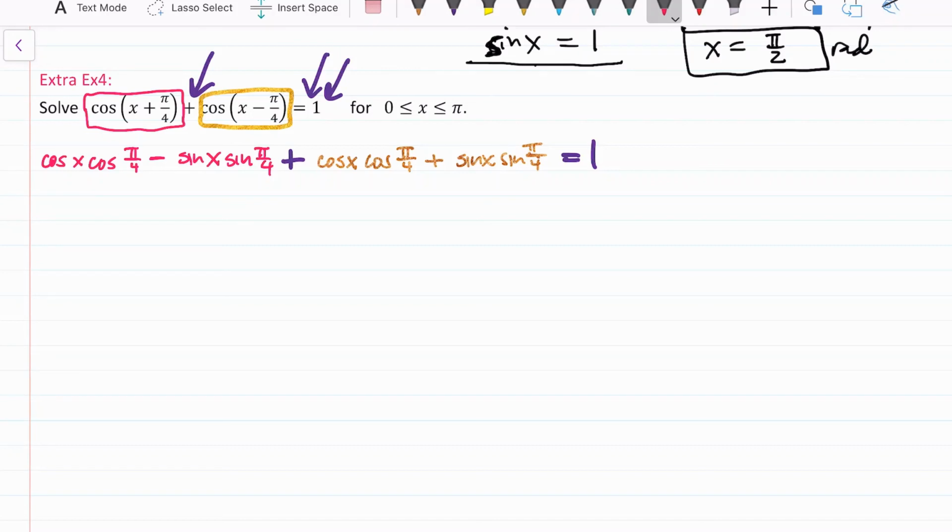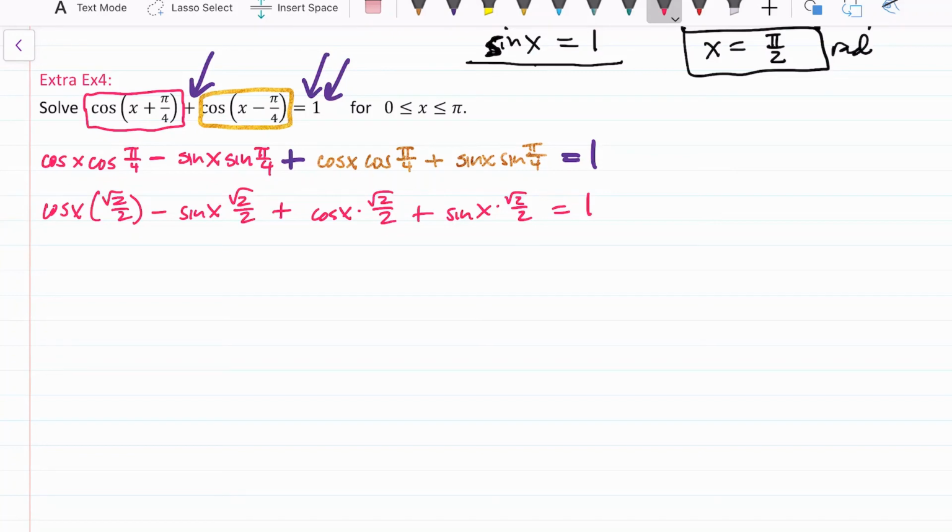To work this out, we start filling in the values. So we have cosine x times radical 2 over 2 minus sine x times radical 2 over 2 plus cosine x times radical 2 over 2 plus sine x times radical 2 over 2 equals 1.